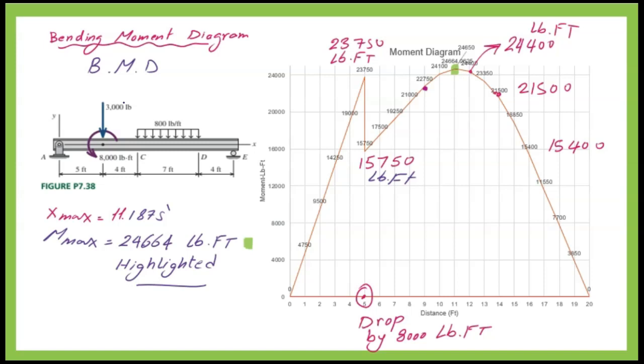Then these are the values of the moment based on the expression. At x equal to 9, we find that the second degree curve starts. And after this, there will be a straight line from x equal to 16 to x equal to 20, and at the right support we have a 0 moment.